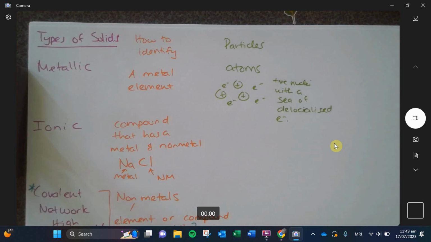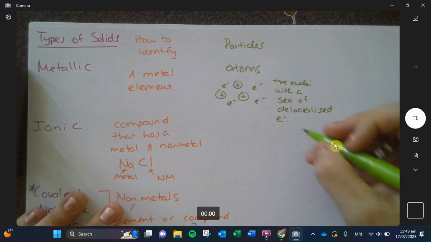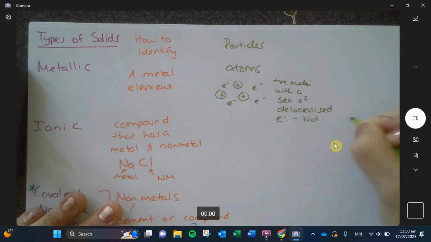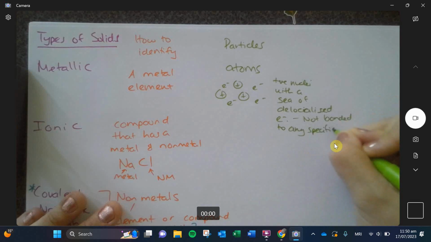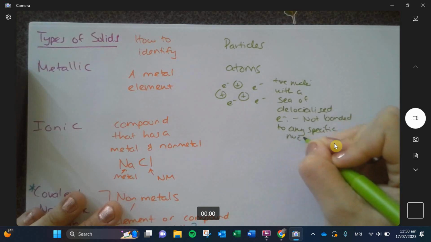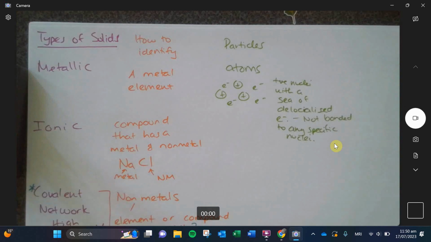No? It means that it's not bonded to any set nuclei, so it can freely move around. It's kind of like a square dance. You know how they swing your partner round and round, and then you just keep switching around? It's like that. They just keep moving around. No one partner.